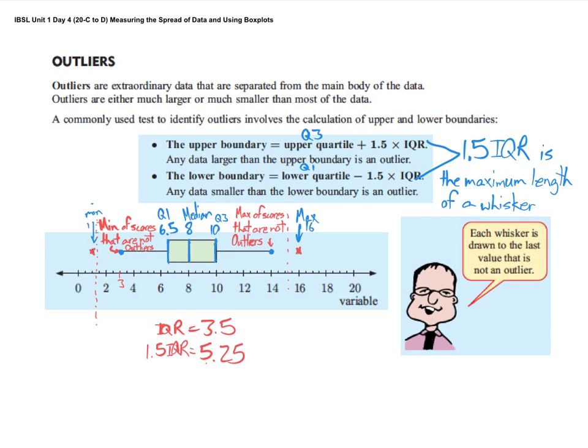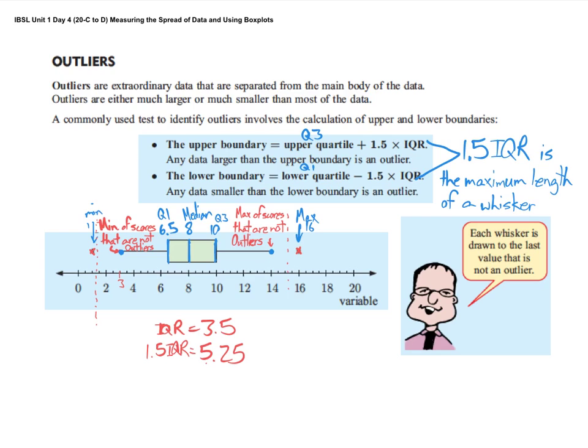Yeah, Kate? I'm kind of a little confused. So the dotted lines are the upper and lower borders? Yes. But when we calculate them, the upper quartile is quartile 3, right? But if we do 16, oh, we do 14, right? Do we do 14 plus? So when I did 3 minus 1.5 times 3.5, I got a negative 2.25. Wait, you did what?